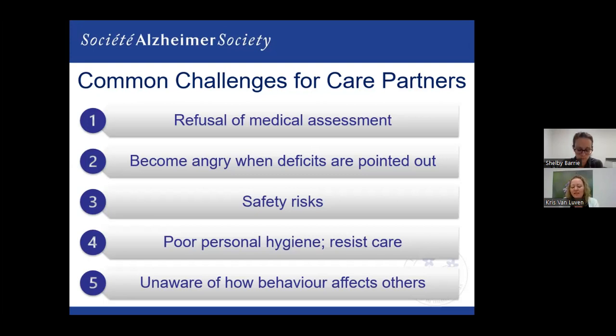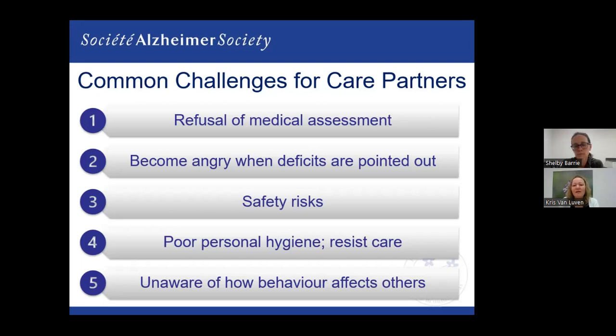And some of the common safety risks are what we call the 4 Fs. So that includes fire, falls, frailty, and firearms. So, if somebody has anosognosia and they don't have the ability to recognize that maybe their skills have changed or their abilities have changed, when it comes to cooking, for example, they may try to prepare a meal and they could be at risk for starting a fire in the kitchen.